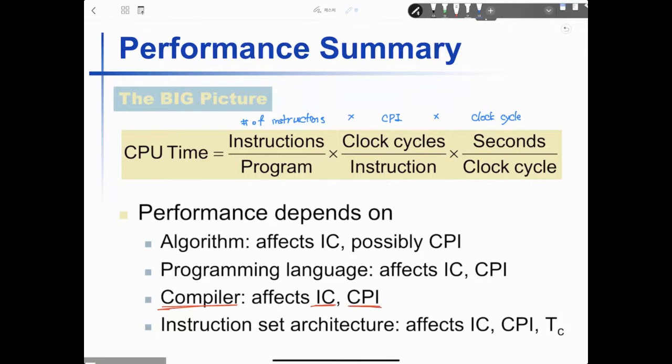And if we change the algorithm, like bubble sort or quick sort, then the total number of instructions is different. Possibly CPI is also changing.